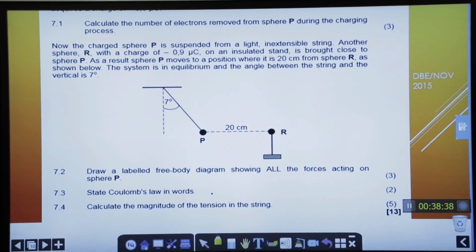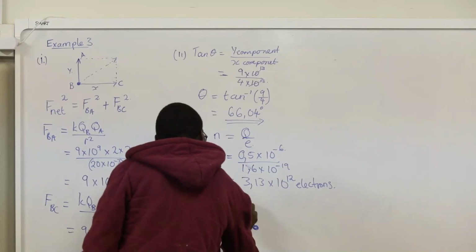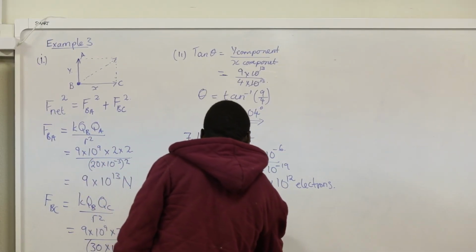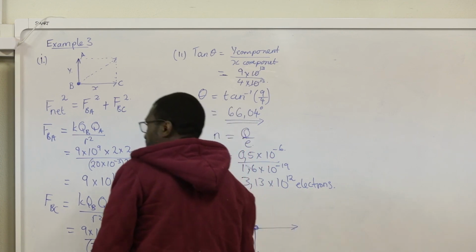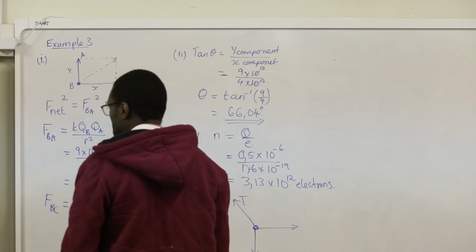Once again, we need to come up with a diagram that shows us what's happening here. We have tension in the string going up, a force towards R, and we have the weight. All right?